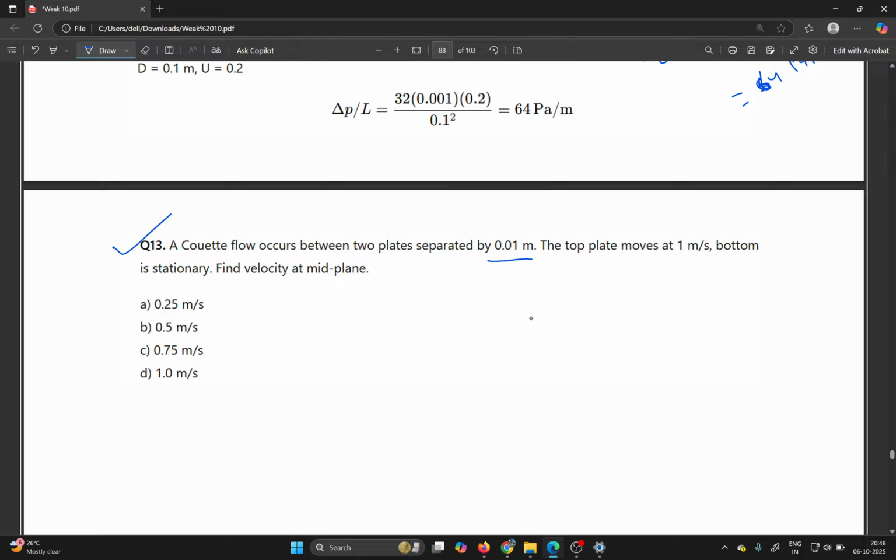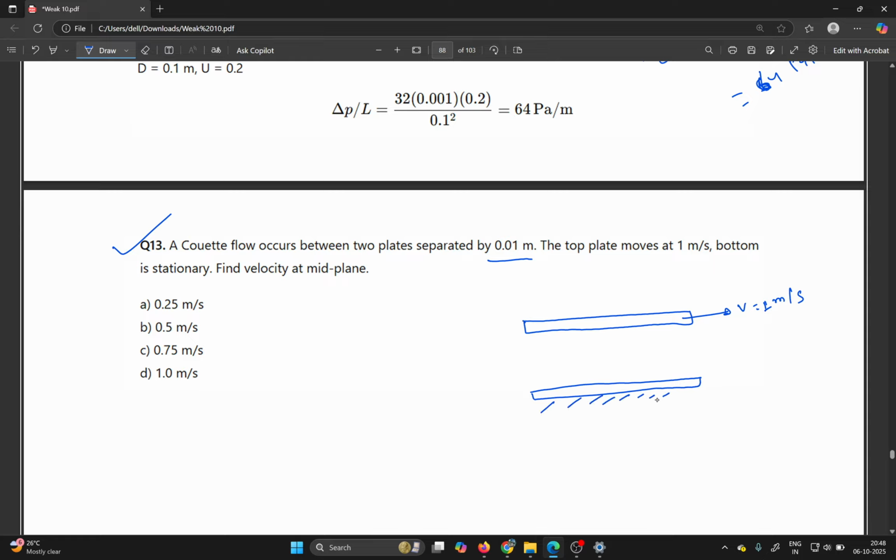Means you have one plate with moving velocity 1 meter per second, the top plate, and the bottom plate is stationary.